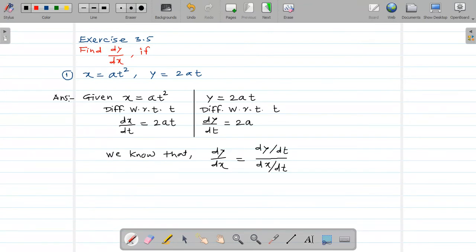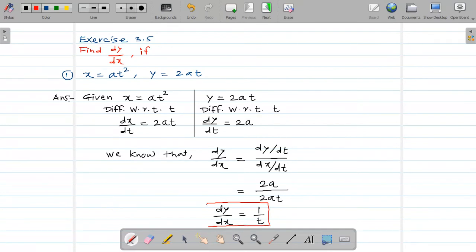So just put the values what we have got here, that is 2a upon this is 2at. Now simplify and then you will get the answer, that is 1 upon t. Now this is dy by dx. So this is our final answer. You will get always dy by dx in terms of t because t is a parameter.